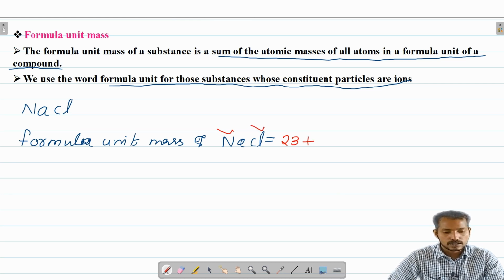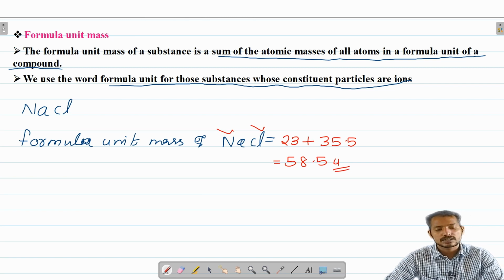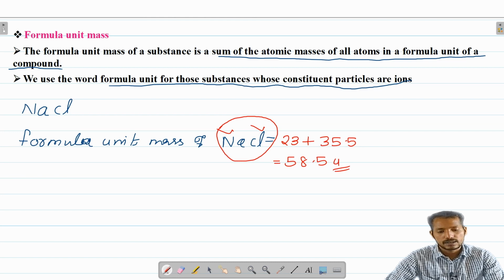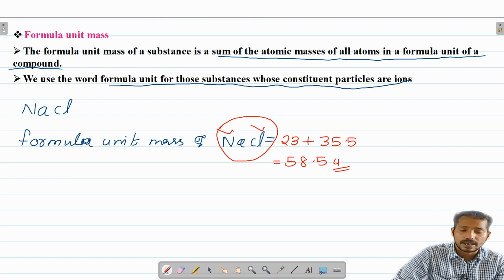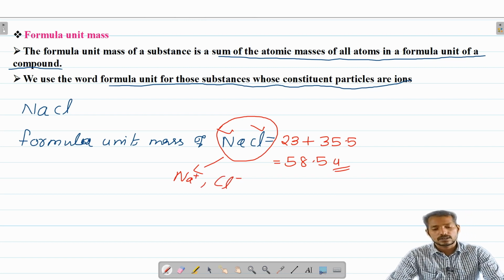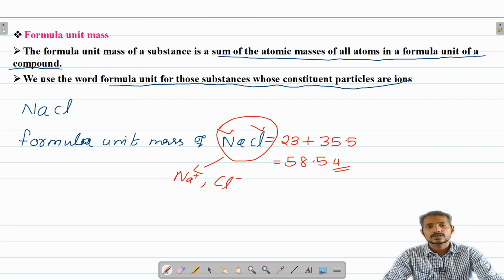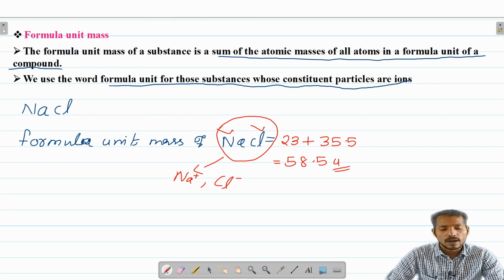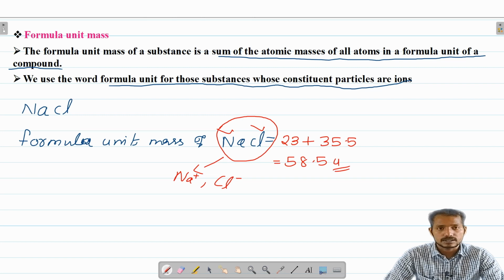That is 35.5, which is equal to 58.5 u. So why do we use this term formula unit mass in case of sodium chloride? Because sodium chloride is an ionic compound which consists of sodium ions and chlorine ions. That is, cation is sodium and anion is chlorine. Clear?